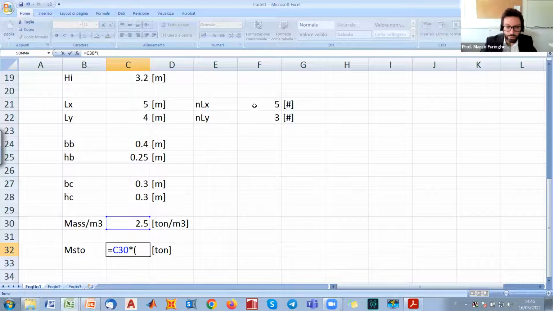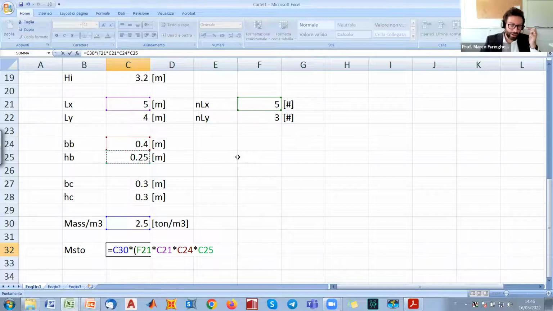I think we can do it like this: number of stories, a number of spans along the X times the span length along the X times the sizes of the section. So now we have the spans, and we have to multiply these times the number of spans along the Y plus 1.